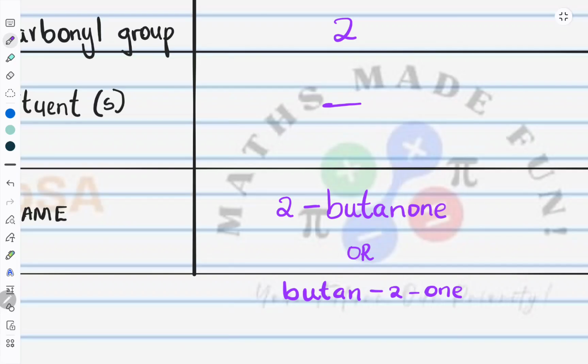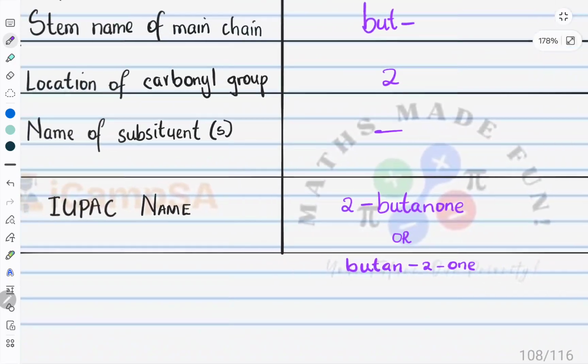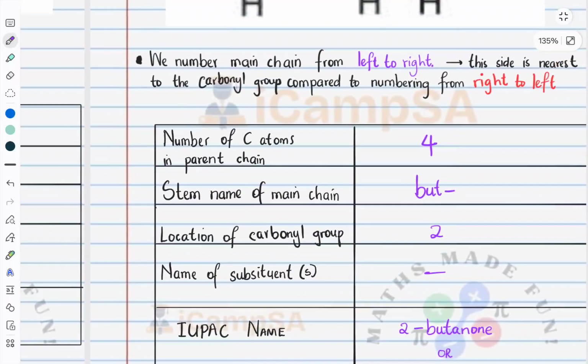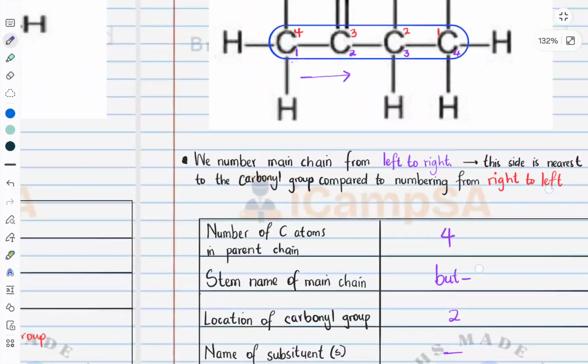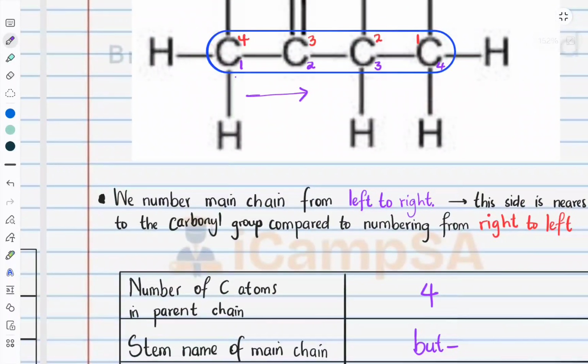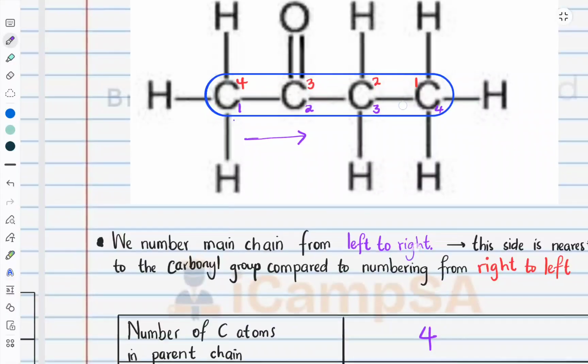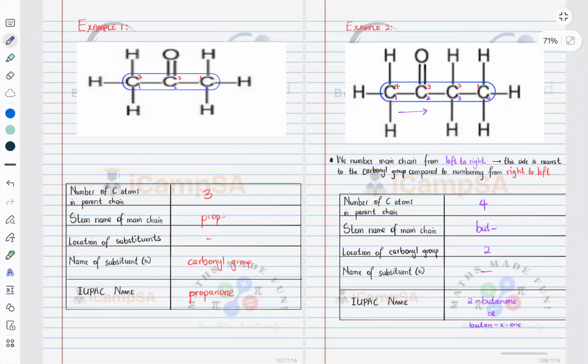That's still acceptable. So choose the one that makes more sense to you. I usually prefer this one, but both of them are correct. So that's how we would name this 4 carbon chain ketone, or this ketone that has a carbon chain of 4 carbon atoms. Okay, let us go to our next example.